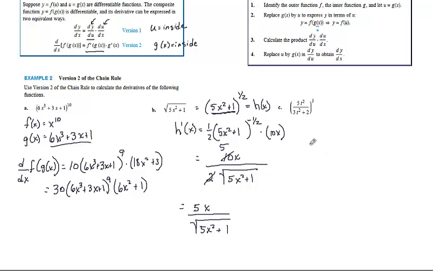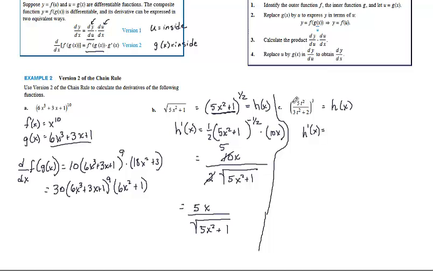Okay, next one. Oh, let's see. We're going to say that this is h of x, and I need to find, let me do this here. I need to find h prime of x. In this one, my outside function is something to the third.